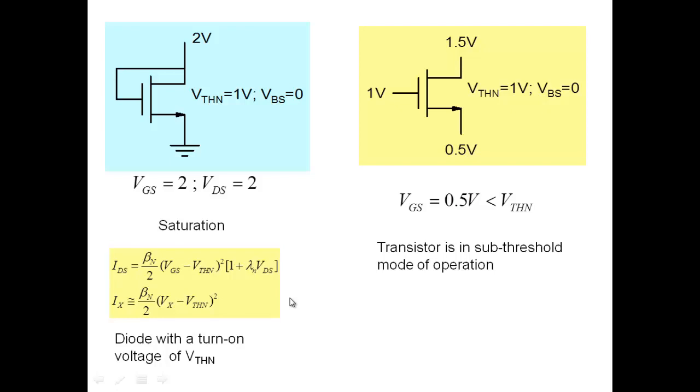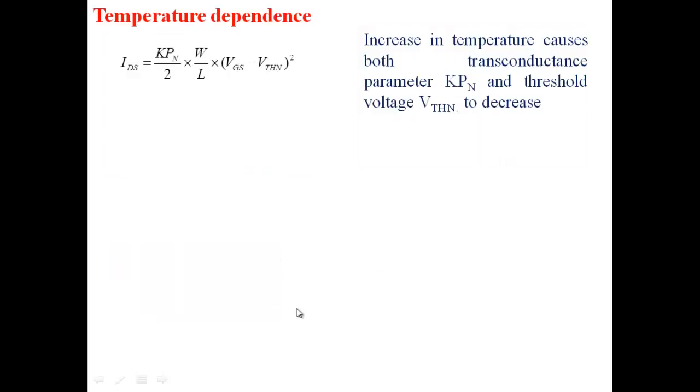And as the IC temperatures vary, the MOSFET characteristics will change. So it's important to understand what happens to a MOSFET when I change the temperature. Look at the expression for current in saturation. There are two important things in this expression. One is VTHN, which is temperature dependent, and the other one is KPN.